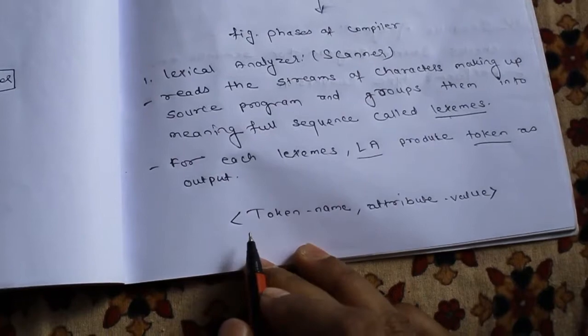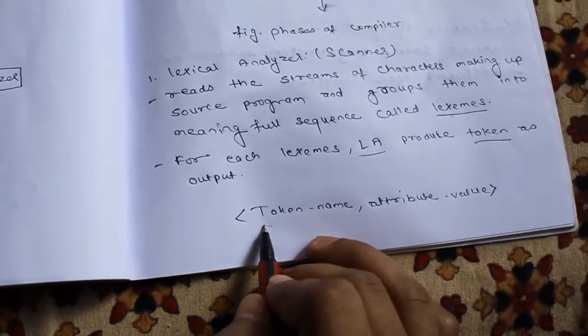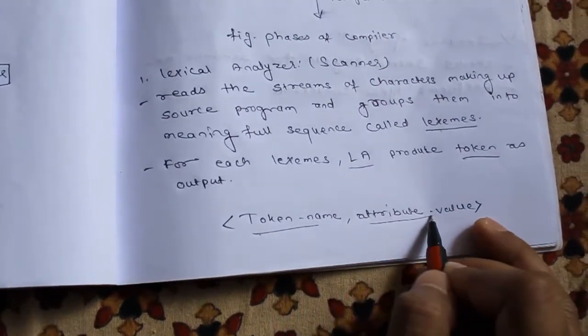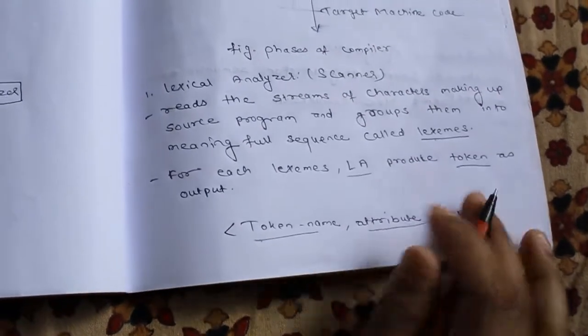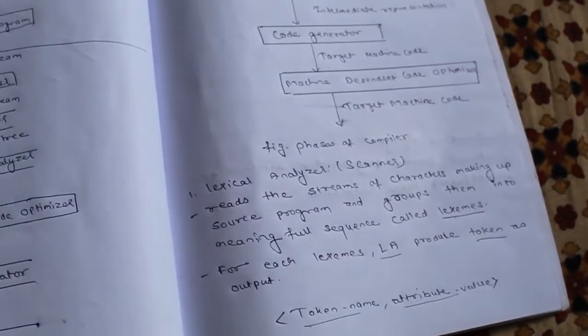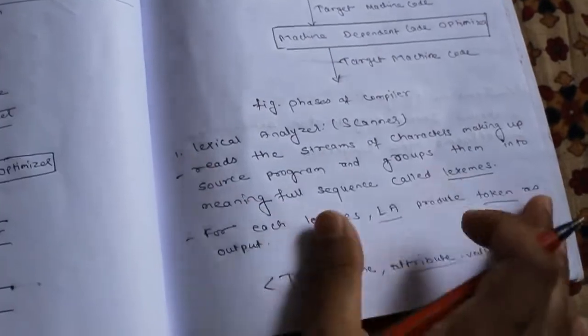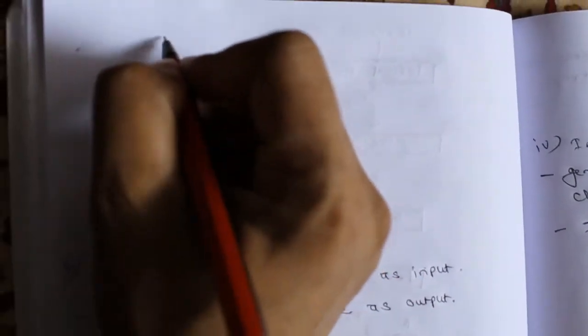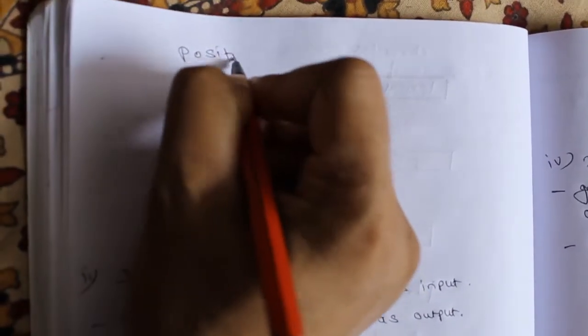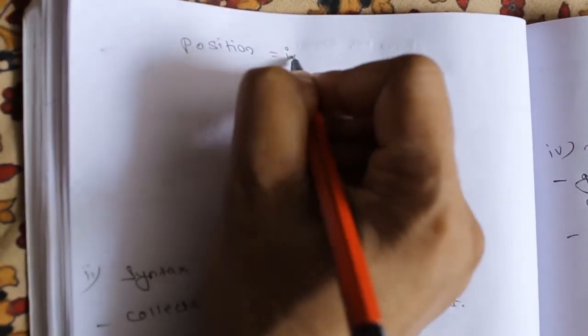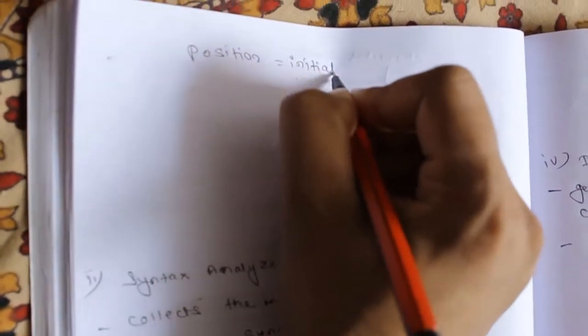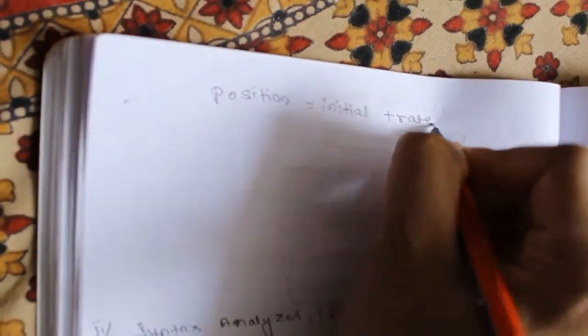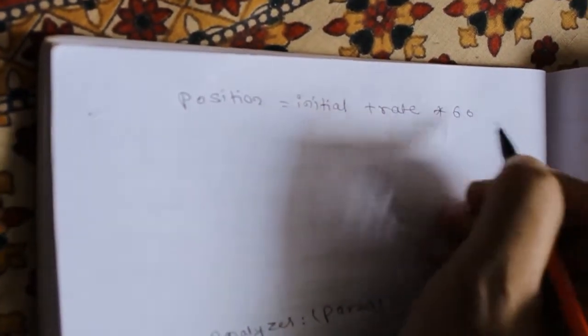So we have the format of the token. It is provided with the token name followed by the attribute value. Now let's take one example so you can get a better idea. Here we can take the example: position equals initial plus rate into 60.